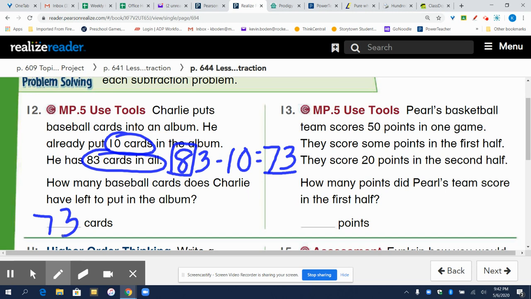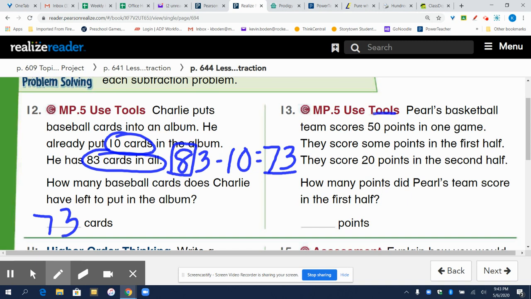So for the next one, I want to see if you can try using some tools, a hundreds chart, a picture, whatever you need, to do number 13 all by yourself. And I will read it for you just to give you a little bit of help. Pearl's basketball team scores 50 points in one game. They score some points in the first half. They score 20 points in the second half. How many points did Pearl's team score in the first half?